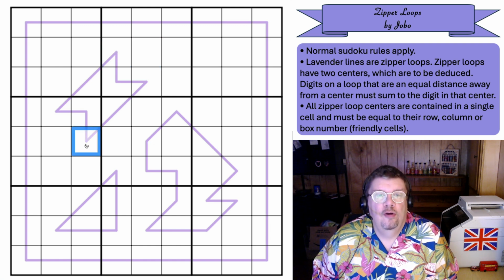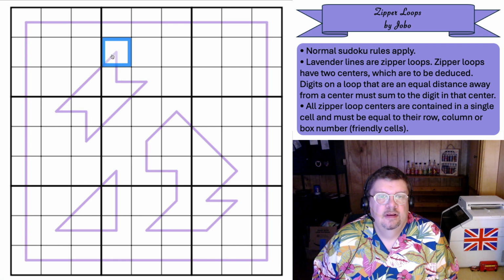Sorry, these two are opposite each other on the loop. It's the same number of digits to get from one to the other as it is to get back to the first one. So 1, 2, 3, 4, 1, 2, 3, 4. So those two could be centers, those two could be centers, those two could be centers. Don't think we know much more than that at the moment.